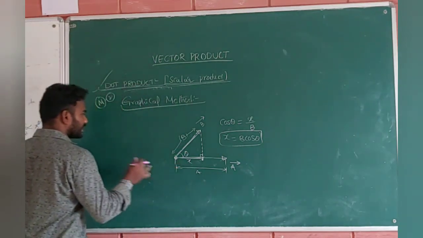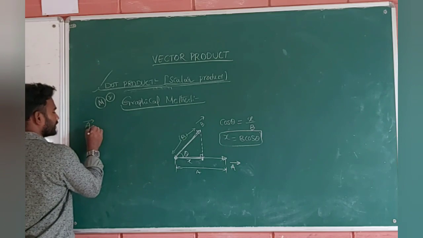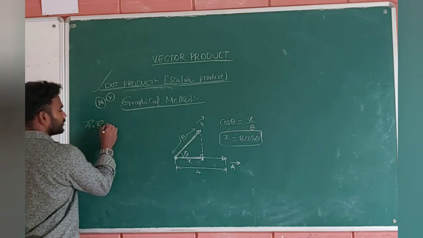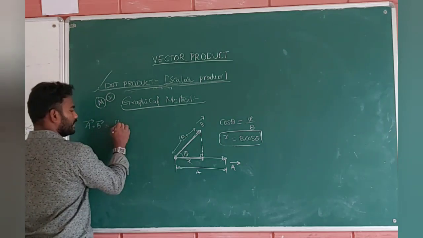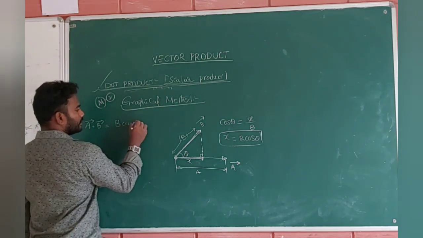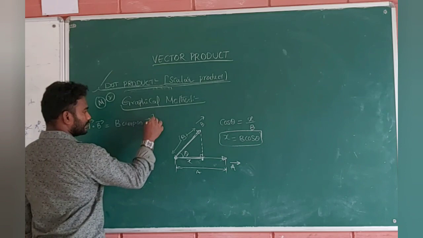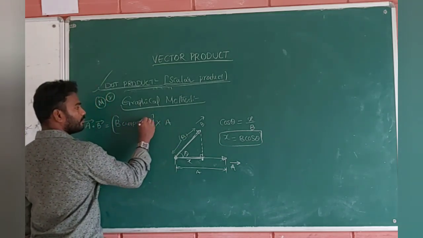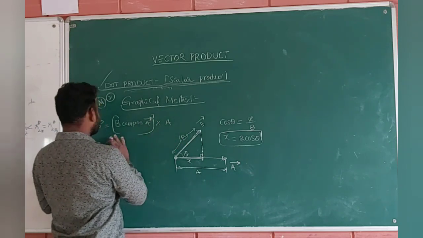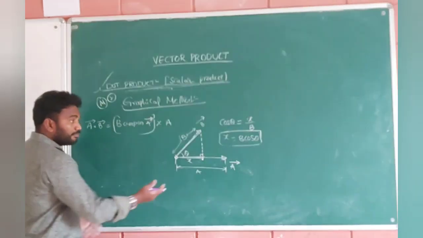Now, the graphical understanding of the dot product is that A dot B is equal to the B component on A bar into A. The B component on A bar into A, that is what is called the dot product, guys. The B component, how much?